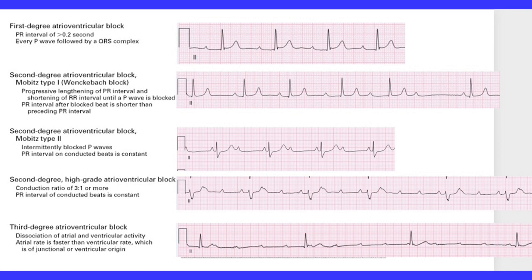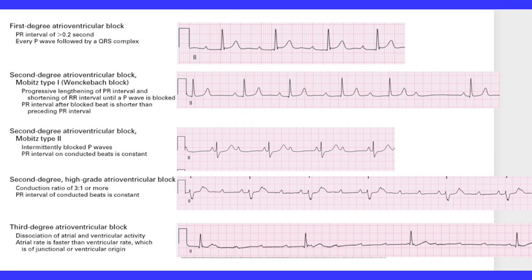If you notice, the PR interval prolongs with each successive beat until the QRS drops. There's progressive lengthening of the PR interval and shortening of the RR interval until a P wave is blocked. The PR interval after a blocked beat is shorter than the preceding PR interval.